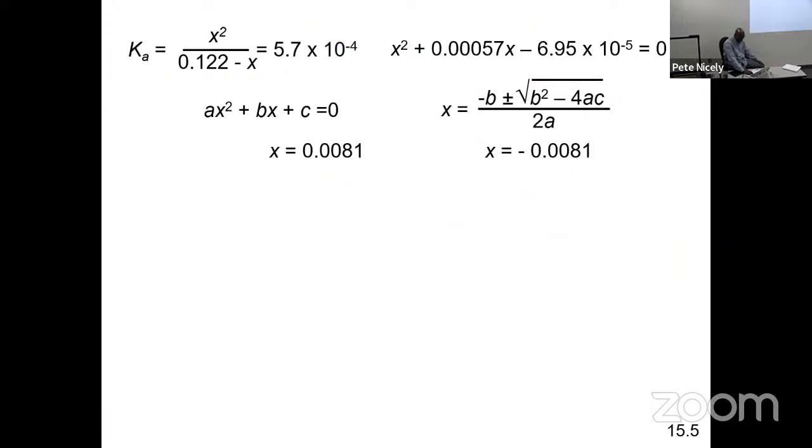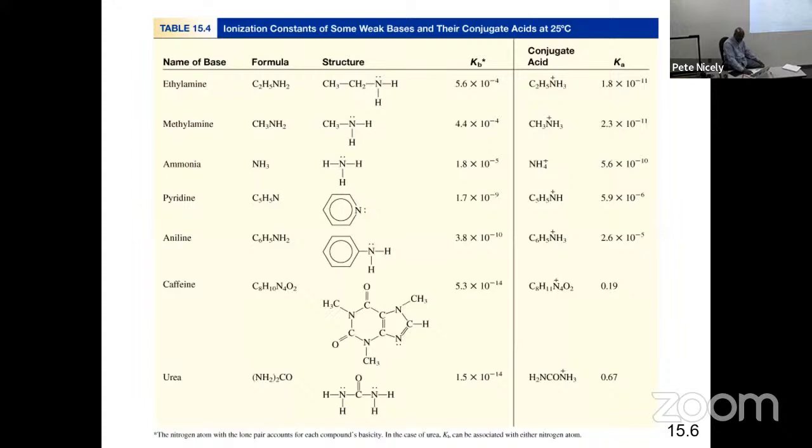In this table right here, you'll notice that the Kb value decreases, and there's a corresponding increase in the Ka value. So you have an inverse relationship between the two. In fact, the next slide we'll be looking at basically establishes the quantitative relationship between the two.